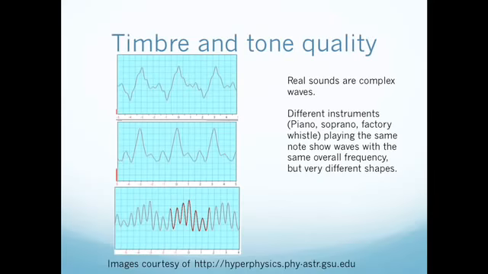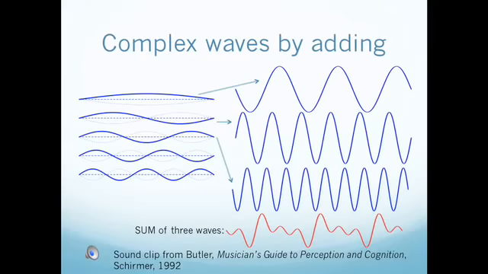So how do we actually get complicated waves like this from the resonances of an instrument? Here's how to think about it. Let's go back to our string, because we understand our string. If the string is just shaking back and forth in one of its resonant motions, say just in the fundamental, it will make a very simple sound wave. Just this one. No extra wiggles, no bumps, no elephant shapes, just this simple wave, okay?